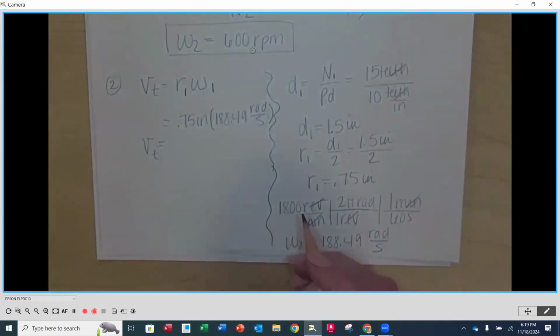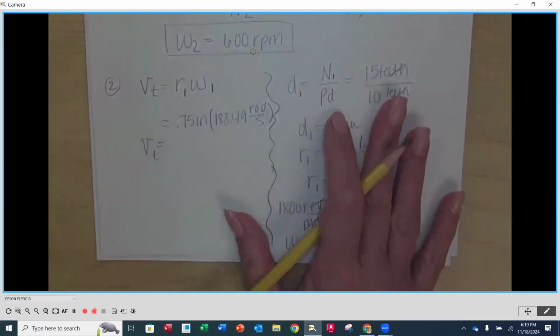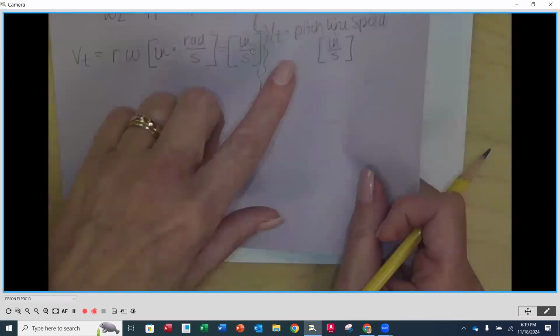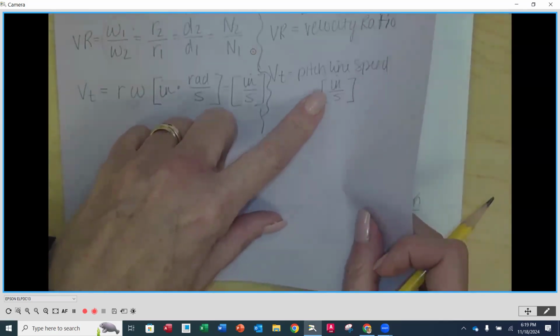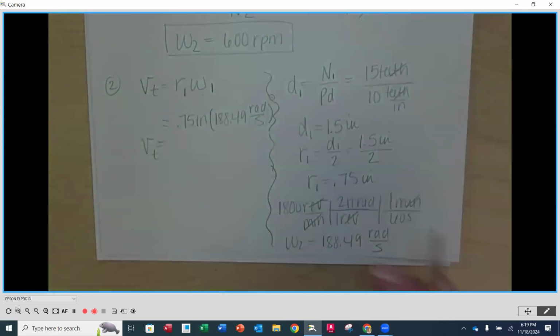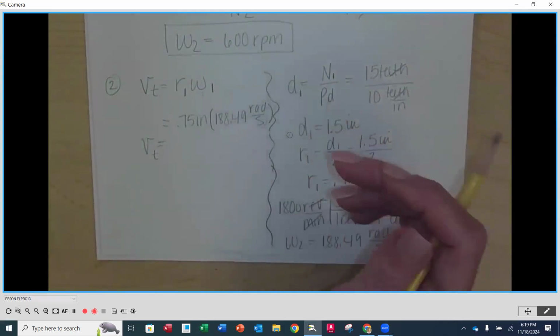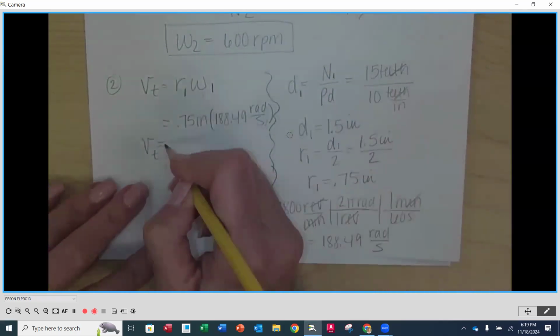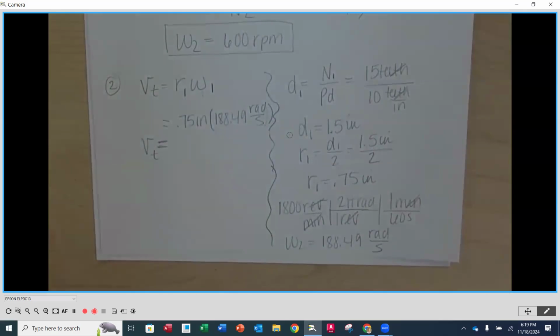That's why you have to watch your units. If you put the 1800 in there, and you had RPMs, and if you recall, our pitch line speed needs to be in inches per second, you weren't getting anything close to that, okay? And if you snuck those units in, you weren't paying attention, okay?